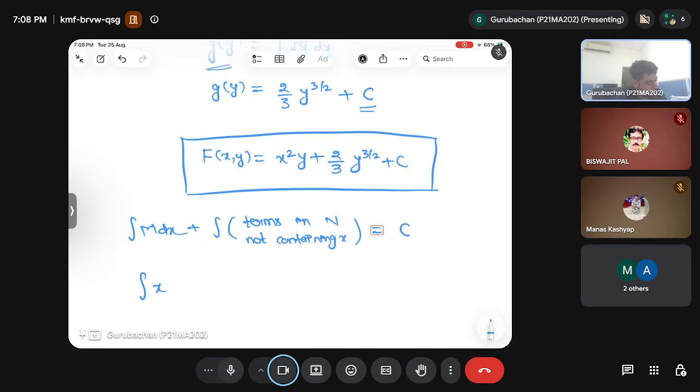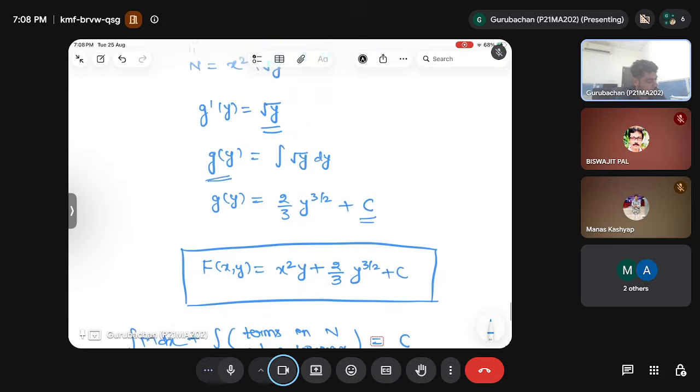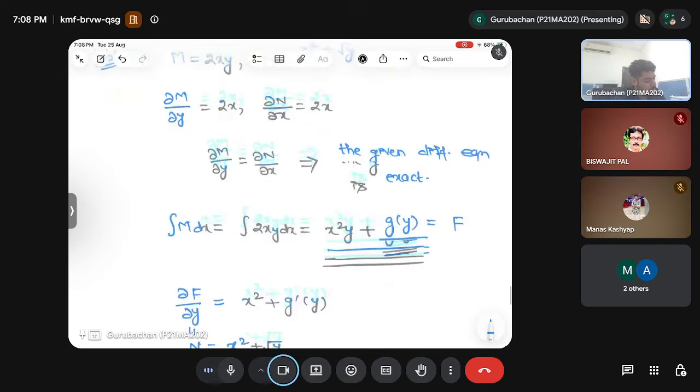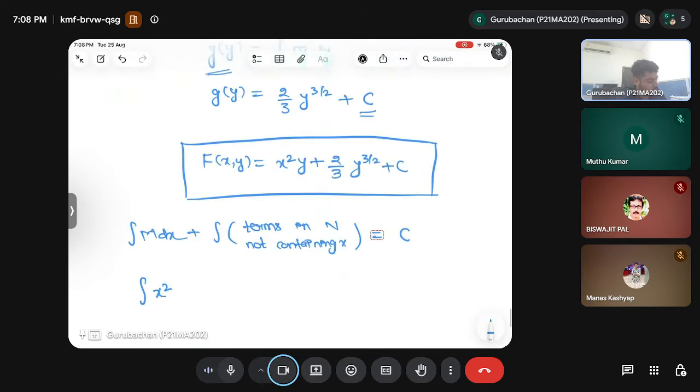So M dx was x square, it was 2xy dx, and 2xy dy will always give a constant coefficient. Yes, in this case it will always be a constant coefficient.